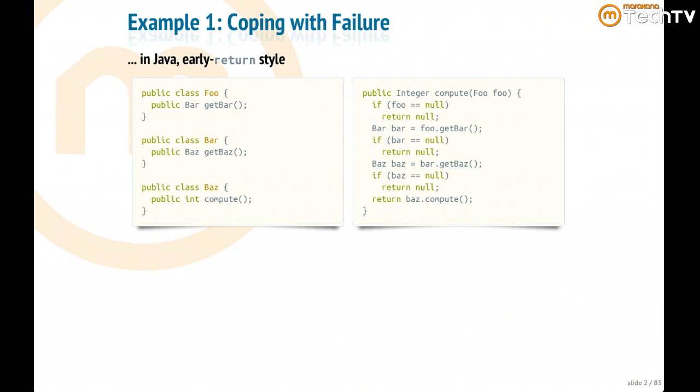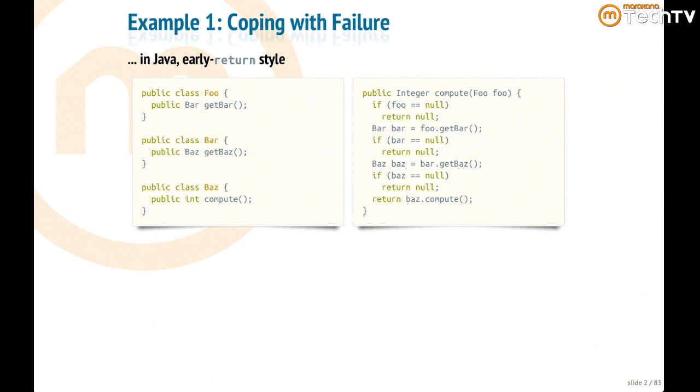At the end of the day, we're able to return the value that baz computed. The other thing that you notice, of course, is that our compute method here returns a capital-I Integer object rather than an unboxed int, because again, we're representing the possibility of failure in this computation.